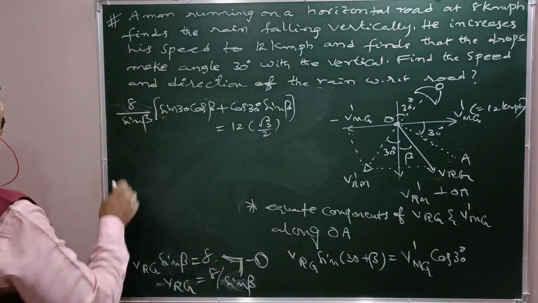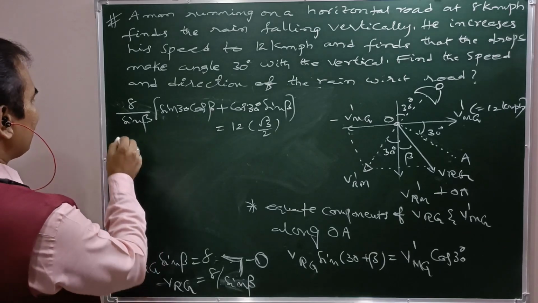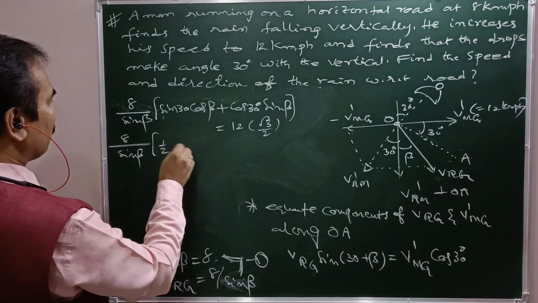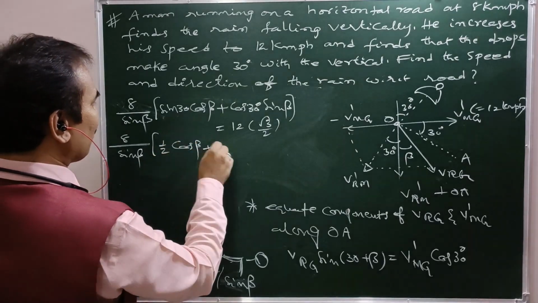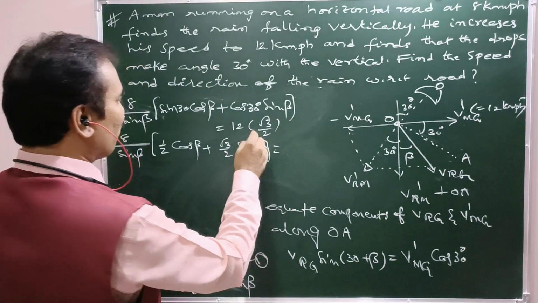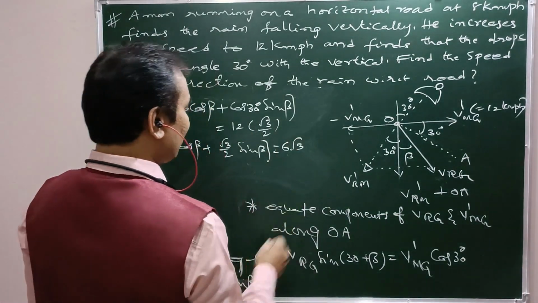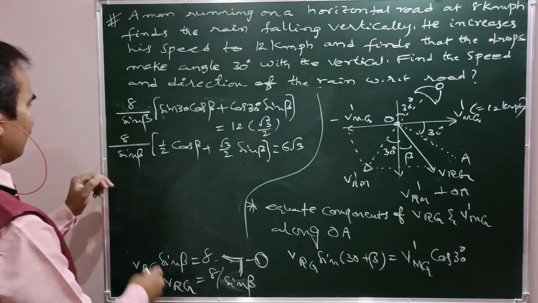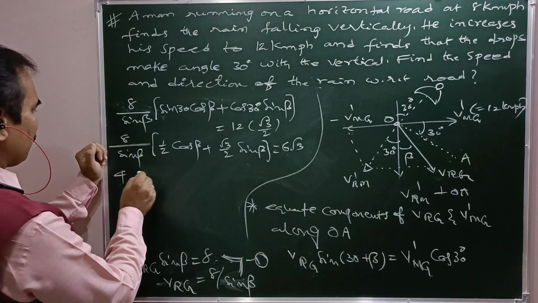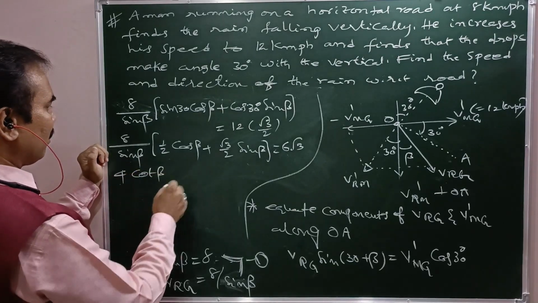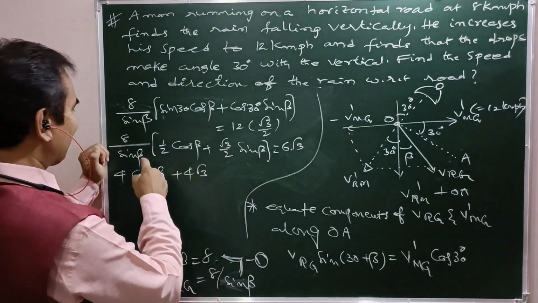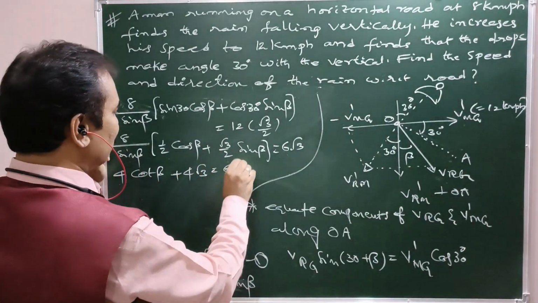So 8 by sin beta into 1 by 2 into cos beta plus root 3 by 2 into sin beta equal to 12 by 2, that is 6 root 3. Am I right? 8 by 2 is 4, cos beta by sin beta is cot beta, plus 8 by 2 is 4 root 3 sin beta by sin beta, which is 1, equal to 6 root 3.